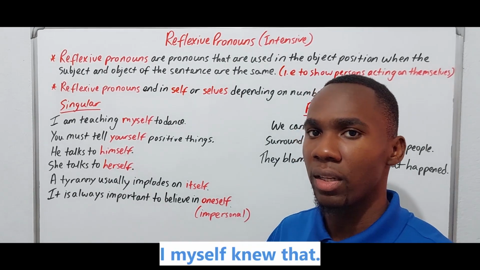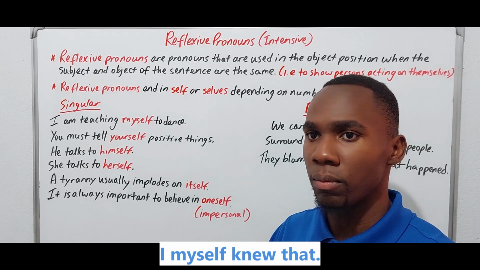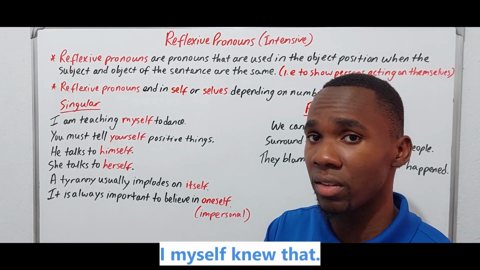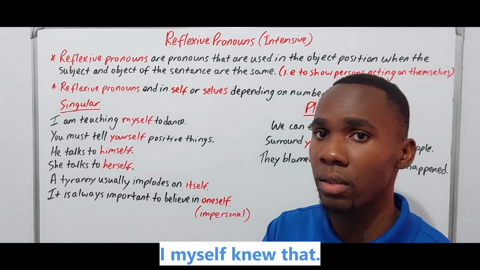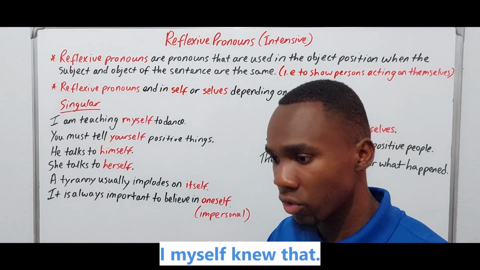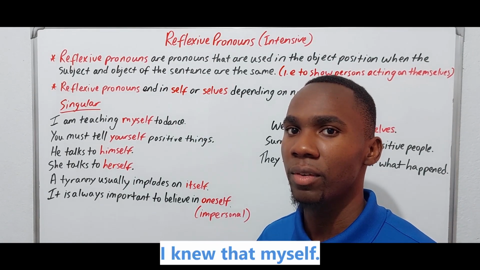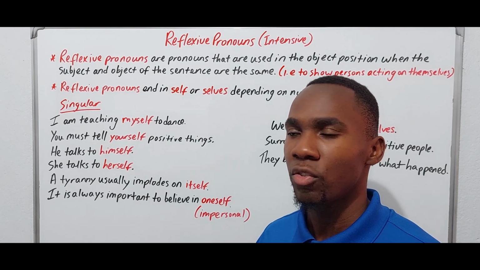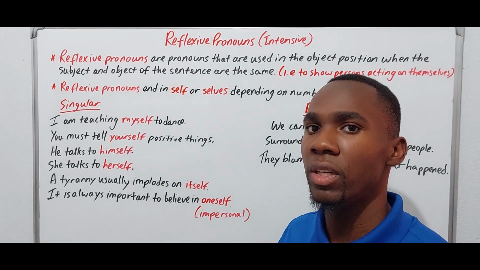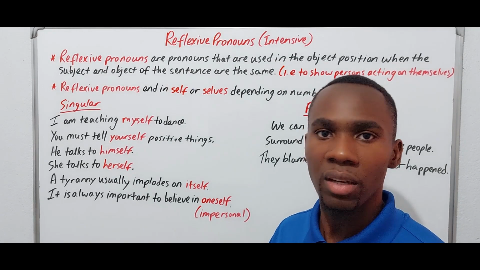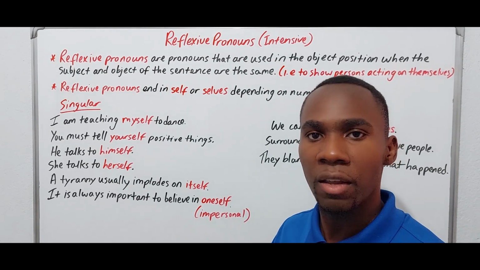Now you see that in this case, the pronoun comes directly after the subject, which would be the antecedent, right? But I could also say, I knew that myself. You see? So if we remove the intensive pronoun, the sentence would still be grammatical, but it would lack emphasis.